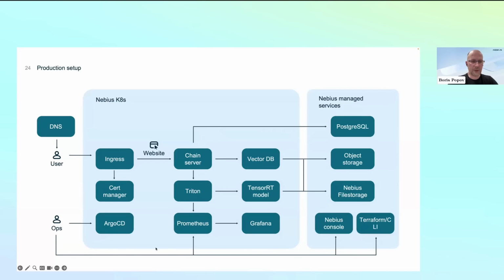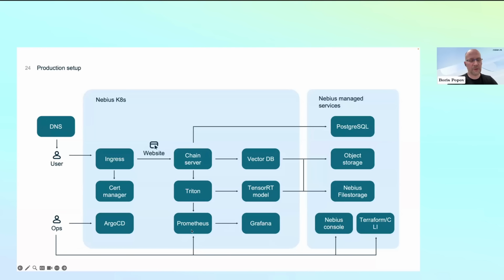And when it comes to deployability, for instance, Argo CD probably is the way to go for CI/CD pipelines here in the Kubernetes. But then also we have a Nebius console, and we also have our own Terraform provider, as well as our CLI tool, which helps a lot when deploying applications like infrastructure as code.